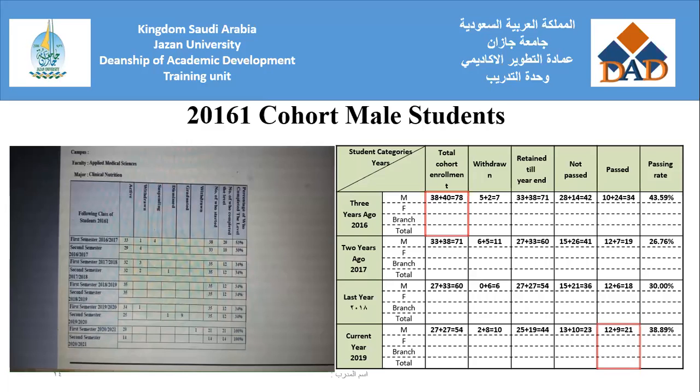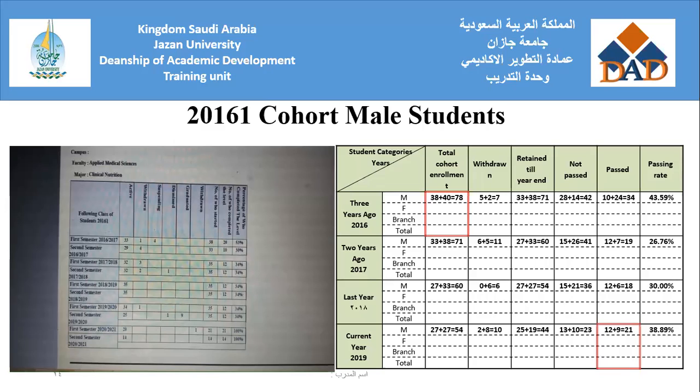Here, if you can observe the first row and the second row, withdrawn students, like 1 plus 4, total 5 students are there in the first semester and the second semester.